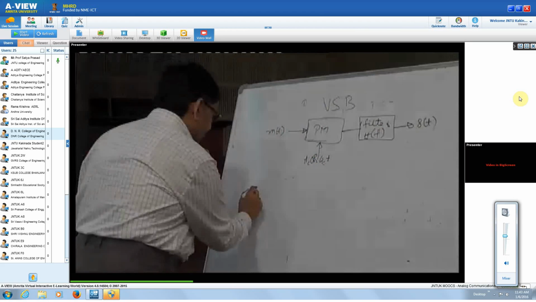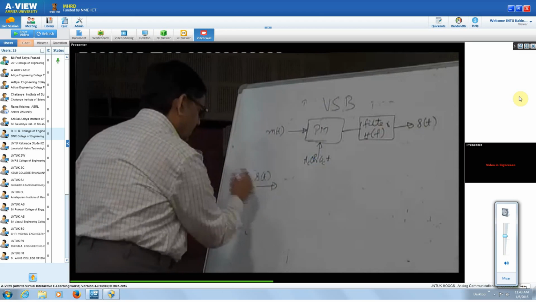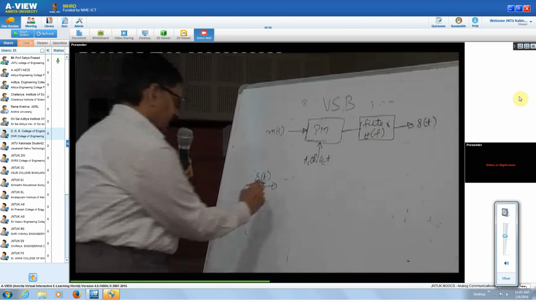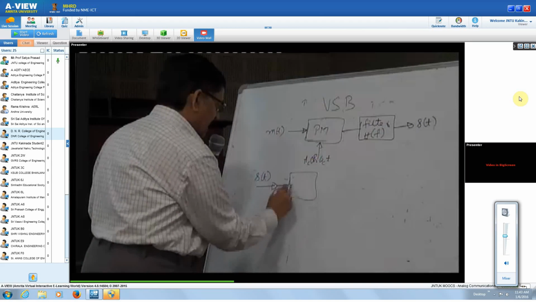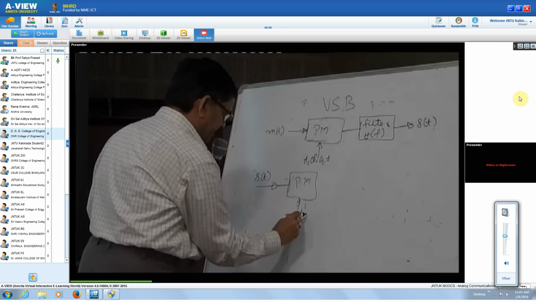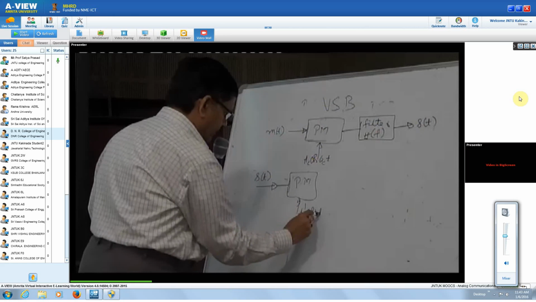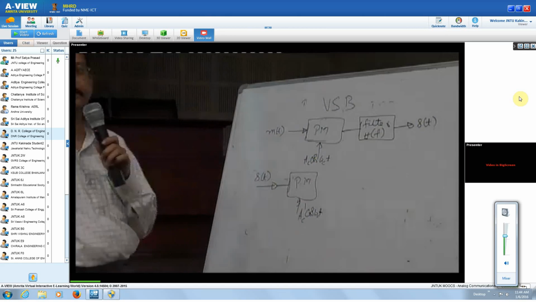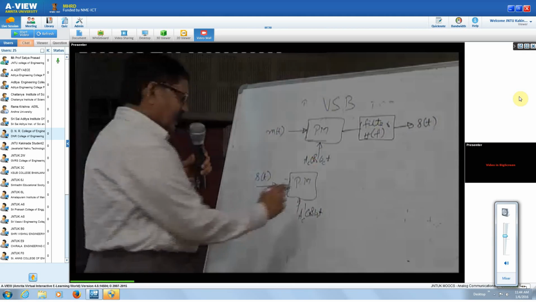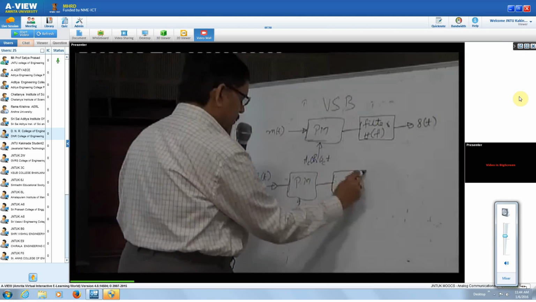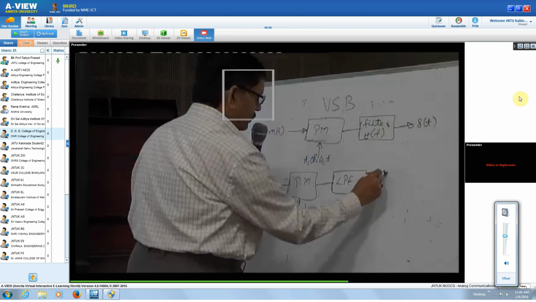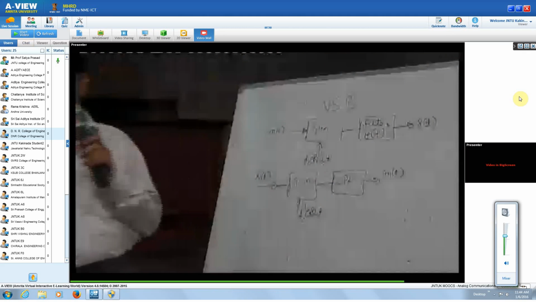Therefore, we give this s of t at the input at the receiver to another product modulator with some Ac prime cos omega ct, a coherent detection we are going to have. Then have a low pass filter. This should give rise to your m of t.